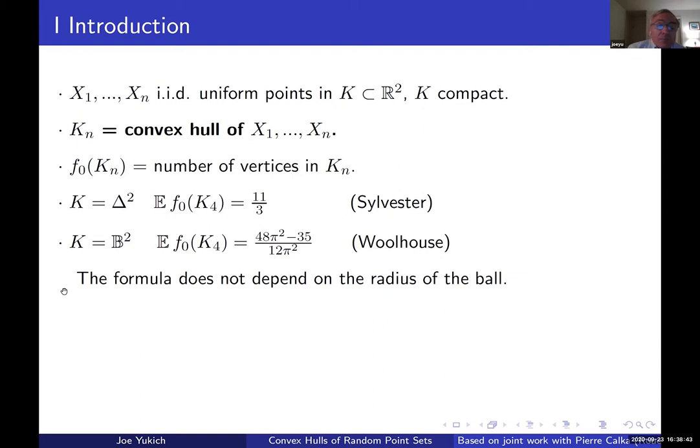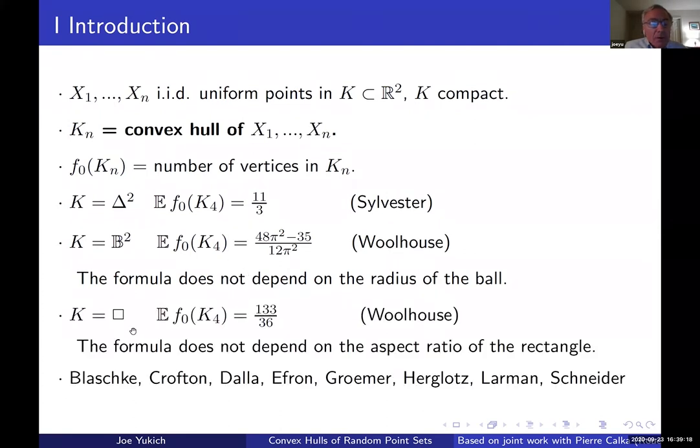If the body K, on the other hand, is the unit disk, and you put 4 points uniformly at random in the unit disk, the expected number of vertices in the convex hull, again, is a number between 3 and 4, and it works out to be this rather complicated fraction, as shown by Woolhouse. I'll just point out here that this last formula is invariant under a change of scale.